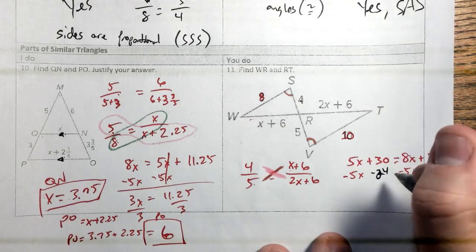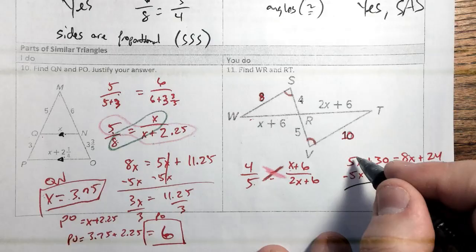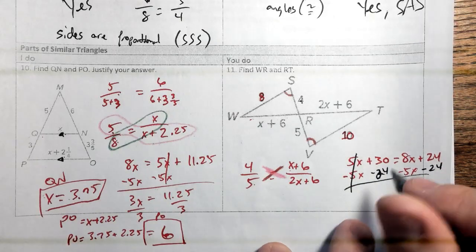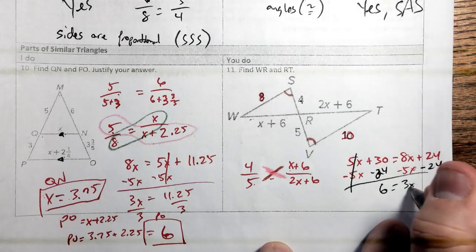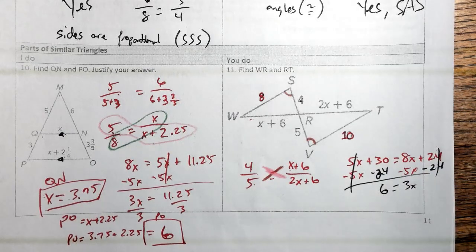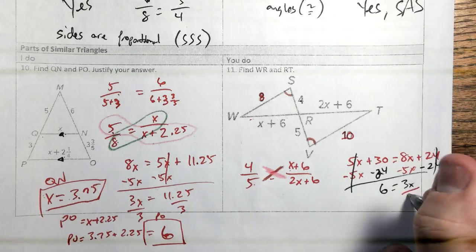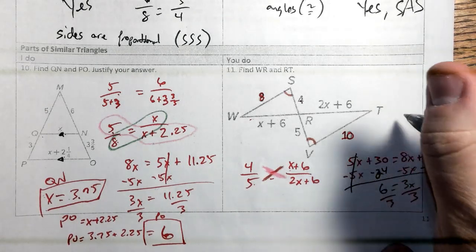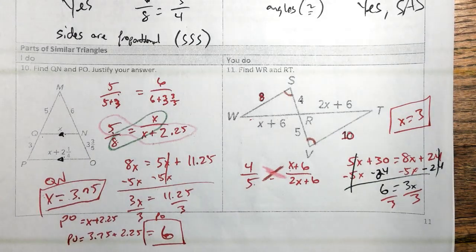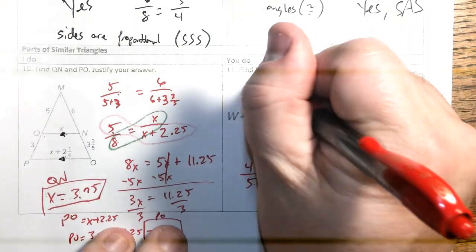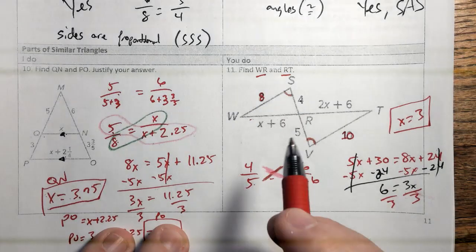Minus 24. Okay, 5x's cancel out. 30 minus 24 is 6. 8x minus 5x is 3x, and the 24's cancel out. So now we have 6 equals 3x. Divide both sides by 3. X equals 3.